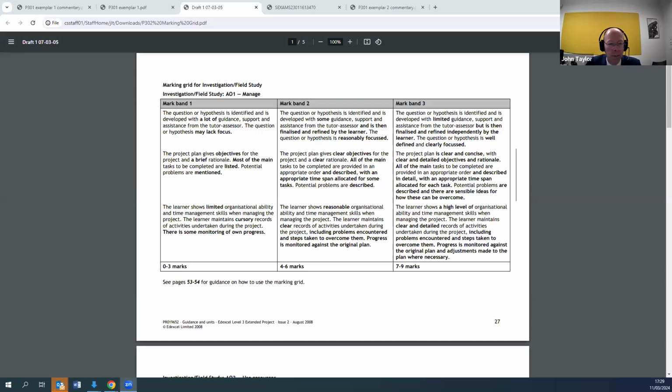Super. Okay, in that case, let me push some more buttons, and I think we're ready to move on to begin looking at some assessment points and the marking grids. So, does this bring on screen? Let's have a look. Have we now got 301 appearing? Yes. Lovely.